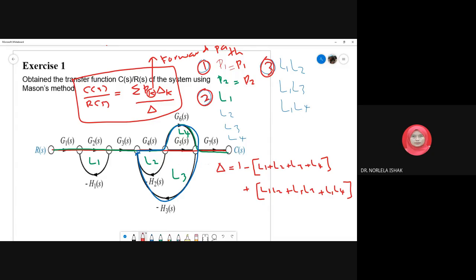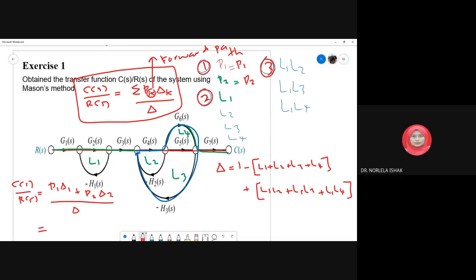So our transfer function, C(s) over R(s), equals P1 multiply with cofactor 1 plus forward 2 multiply with cofactor number 2, over the determinant.